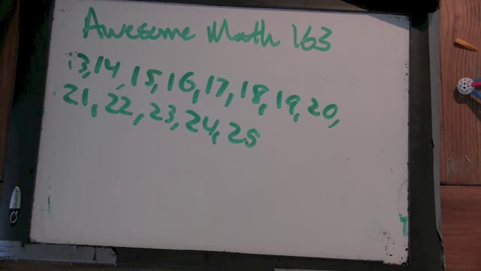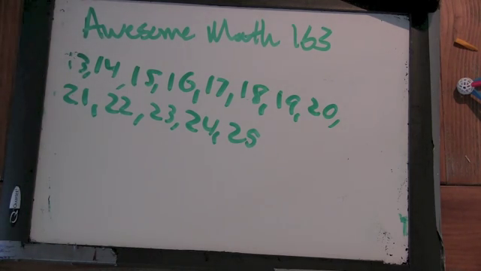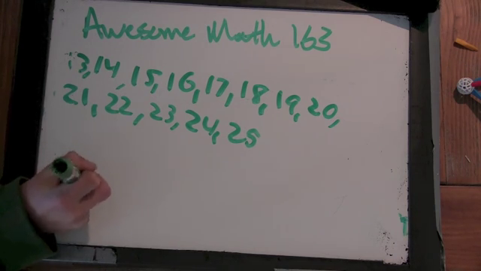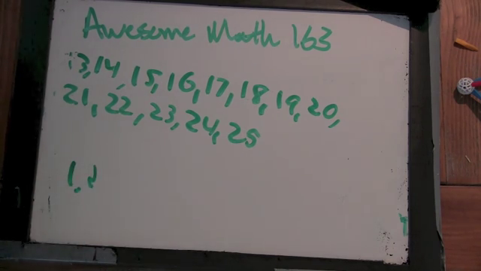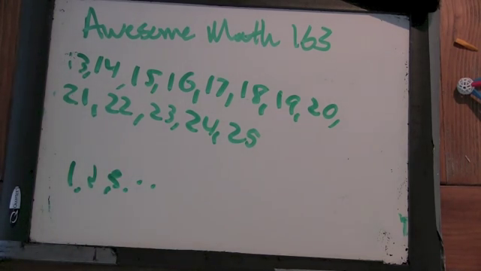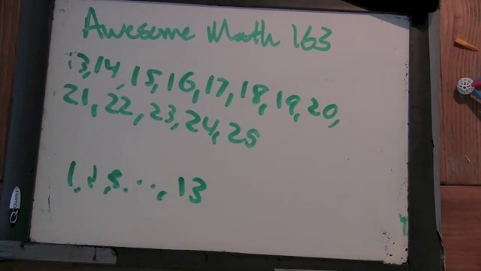What's an easy sequence of numbers to count? If you just subtract 12 from everything, it goes 1, 2, 3, and on till 25 minus 12 is 13. There you go.